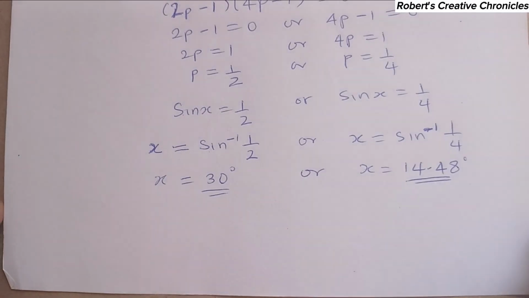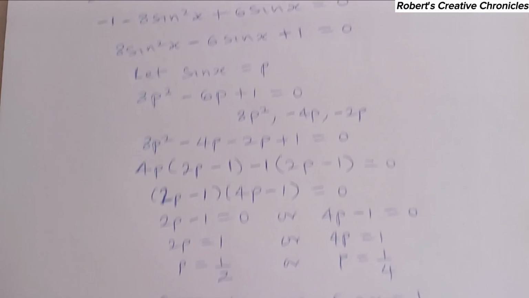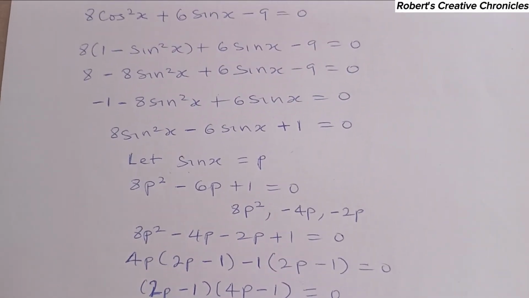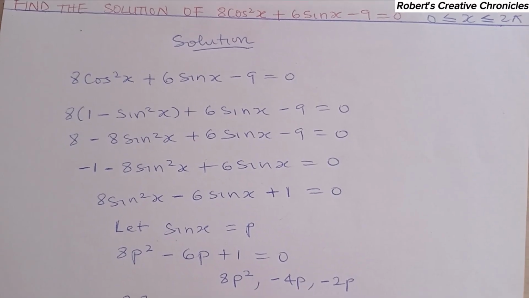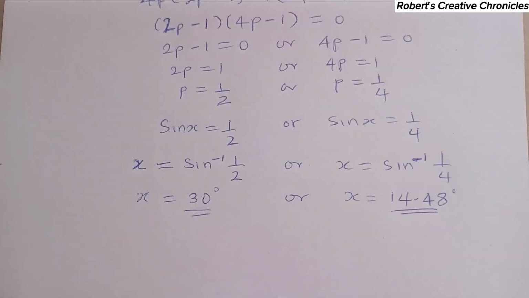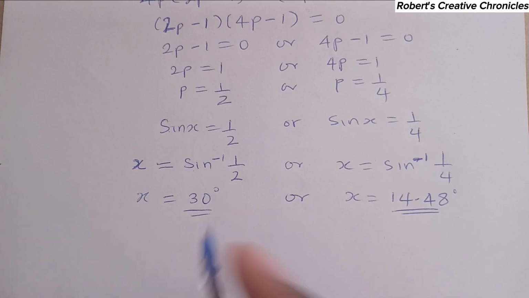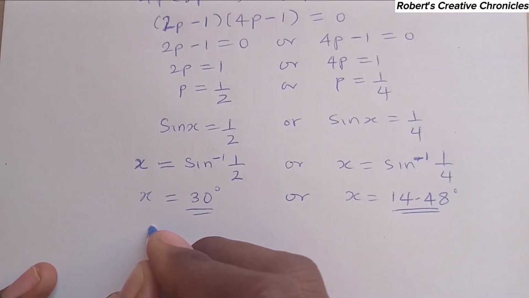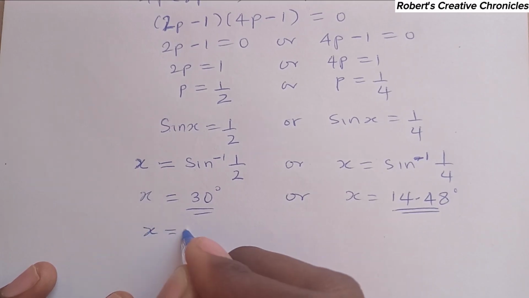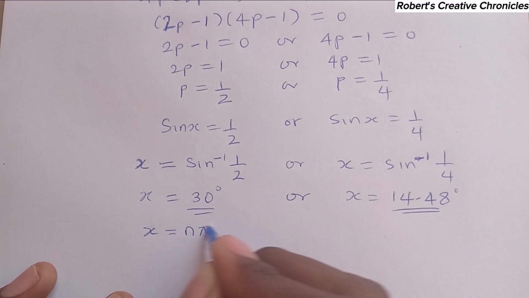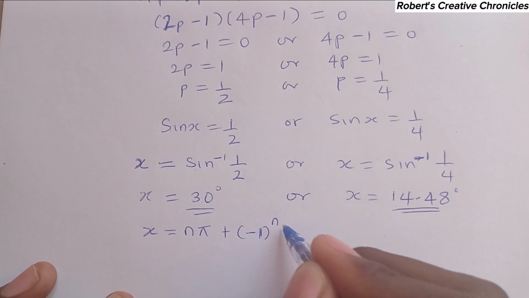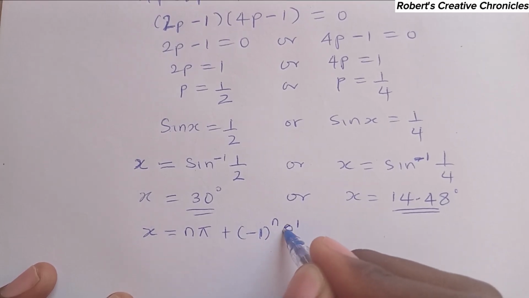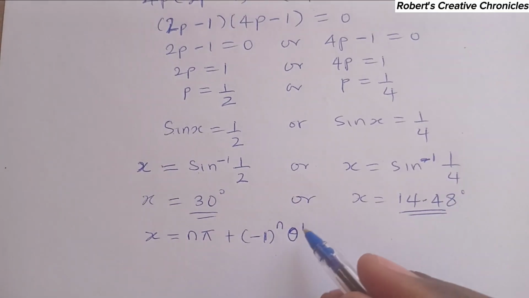Now the boundary that was given to us in the question is between 0 and 360 degrees. So now we can find other values of x using this equation: x is equal to n pi plus minus 1 to the power n theta 1, where theta 1 is the principal value.